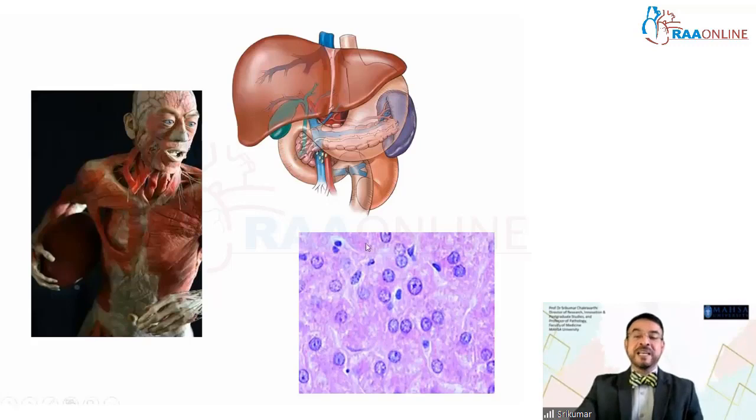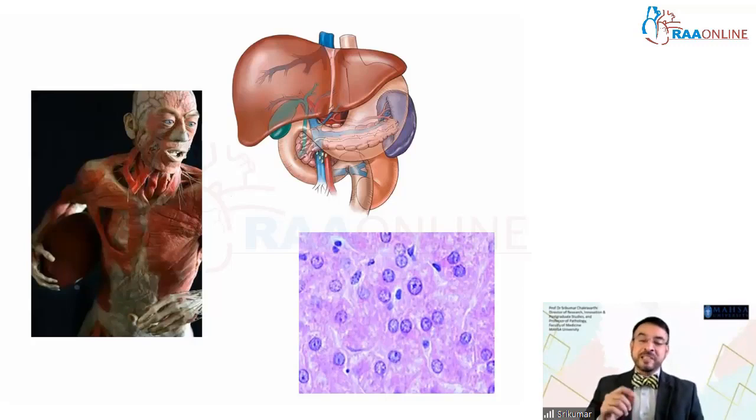However, if anything happens to the cell, any form of injury that causes a damage not only to the cell, but also to the organs above here. And any damage to the organs is going to damage the body. And that causes disease. So pathology, in other words, is the study of disease. And when you combine pathology and pharmacology together, you get medicine.